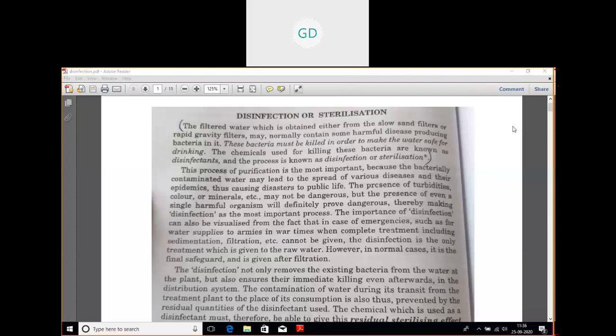In the chat box also, if you want, you can write glass number one or glass number two.